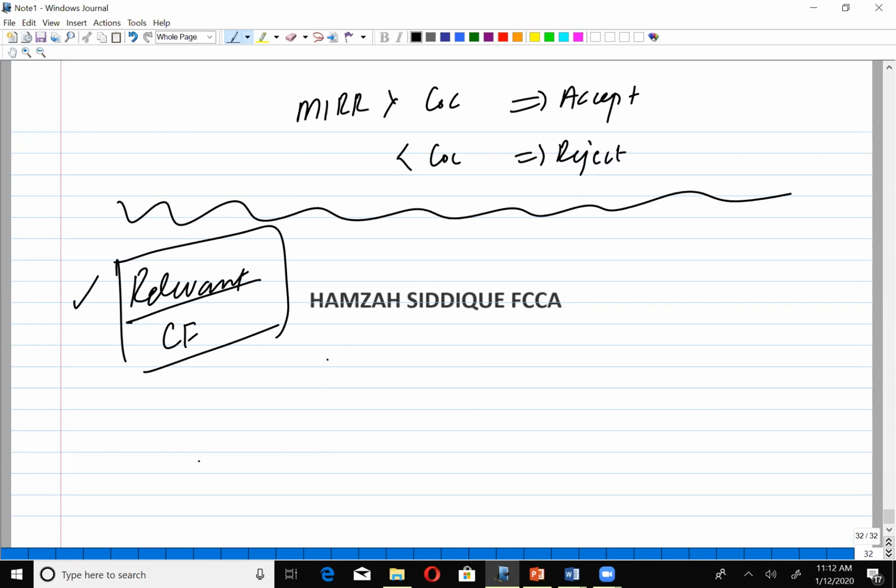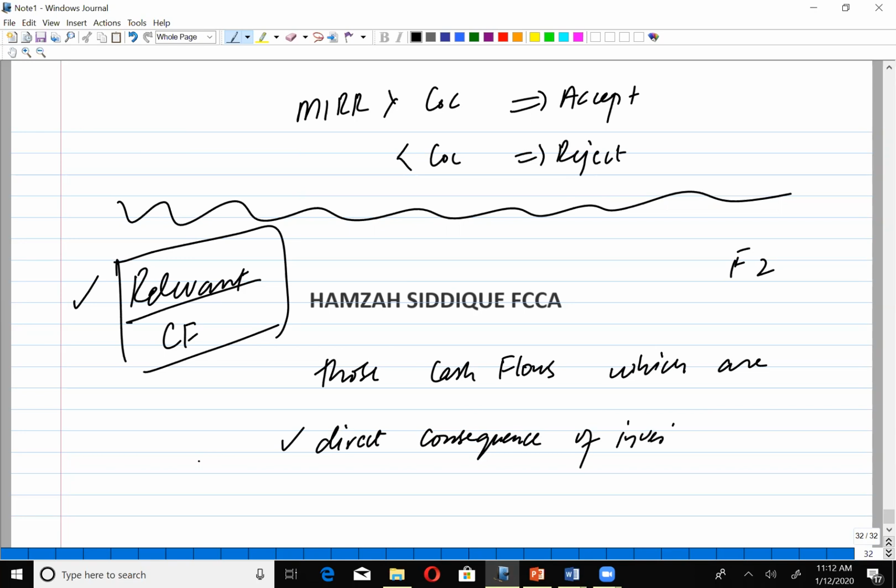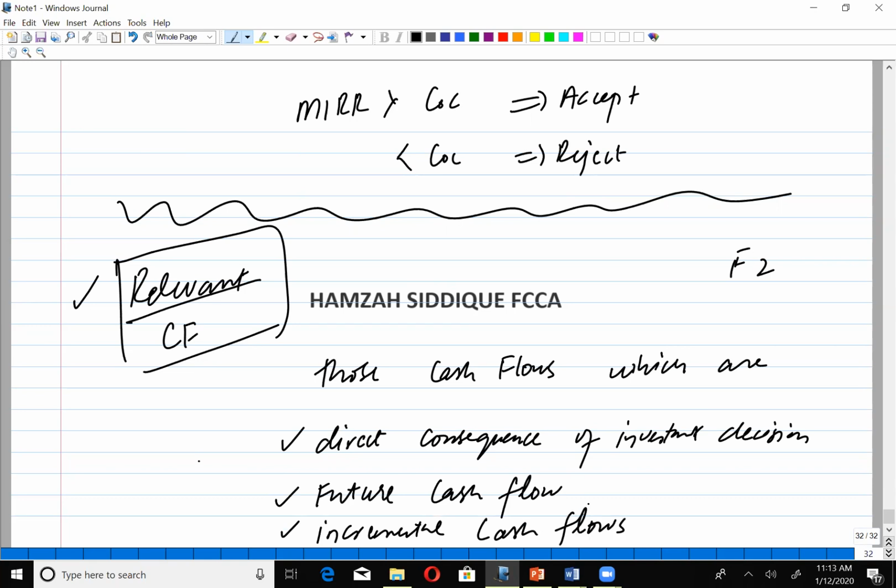Relevant cash flows are those cash flows which are, although it is a topic of F2, a direct consequence of the investment decision, which are future cash flows, and which are incremental cash flows. Three things which are interrelated.